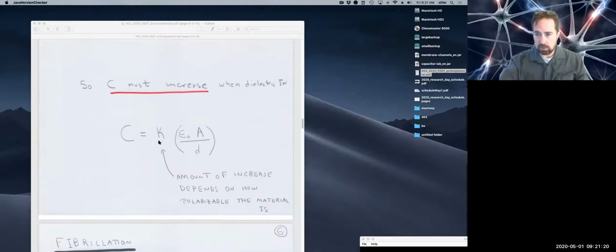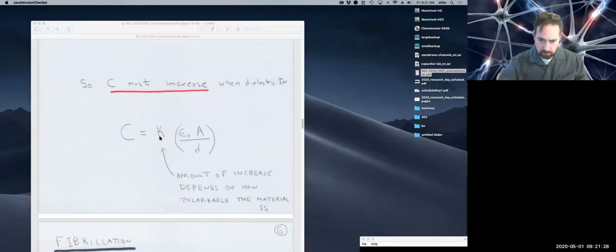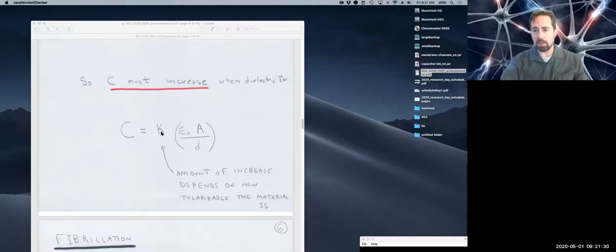It manifests in this dielectric constant K, which is just a dimensionless number, 1, 2, 3, 4, 5, 6, 7, 8, 9, some number. And how large that is depends on the properties of that dielectric, and in particular, how easy or how hard it is to polarize those little buggers inside from the applied electric field.